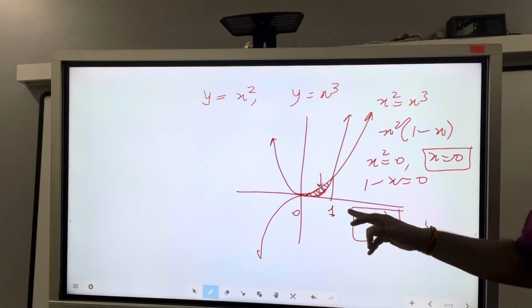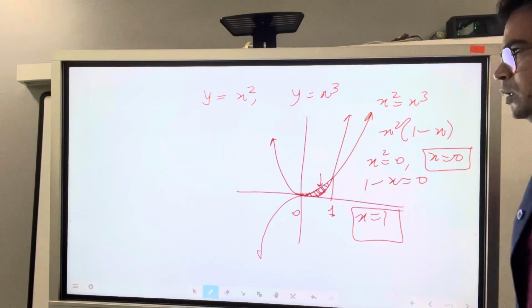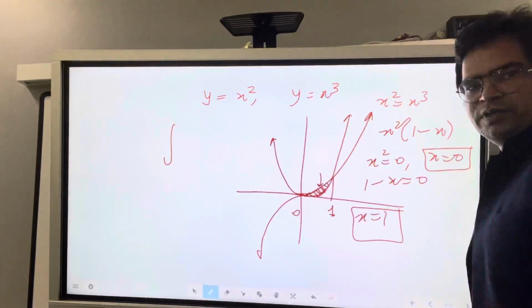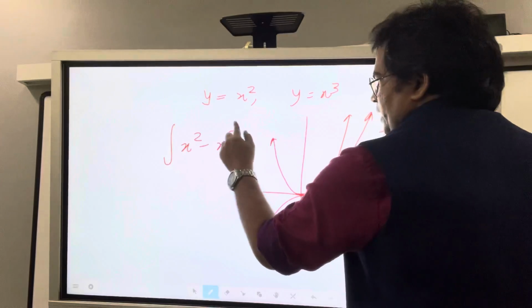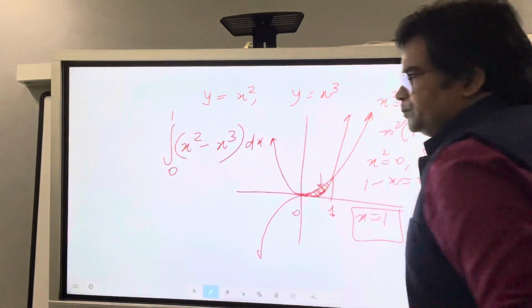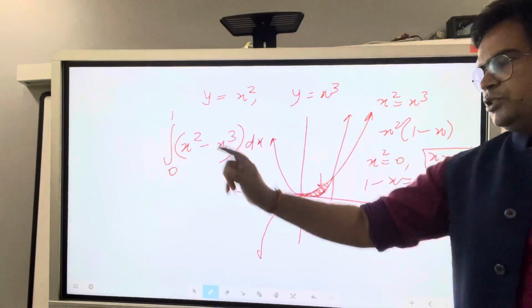Now out here, if you wanted to find out the area, which is from 0 to 1, you basically integrate, which is upper curve x squared minus lower curve x cubed, from 0 to 1. So upper curve minus lower curve, and you integrate from 0 to 1.